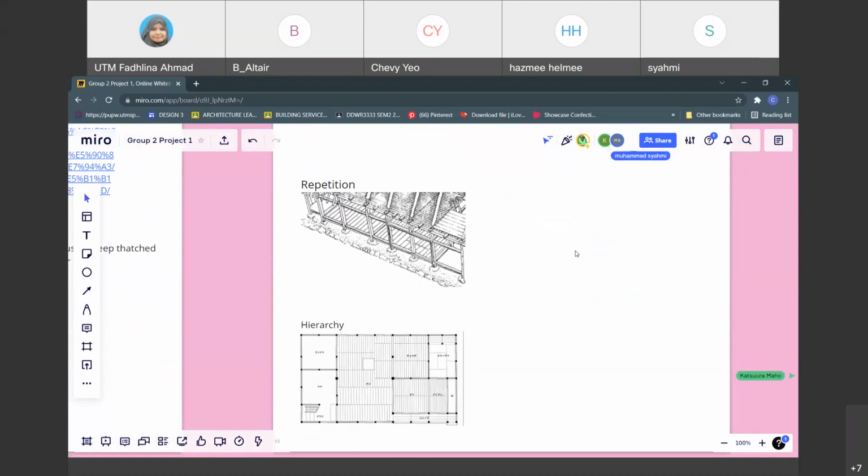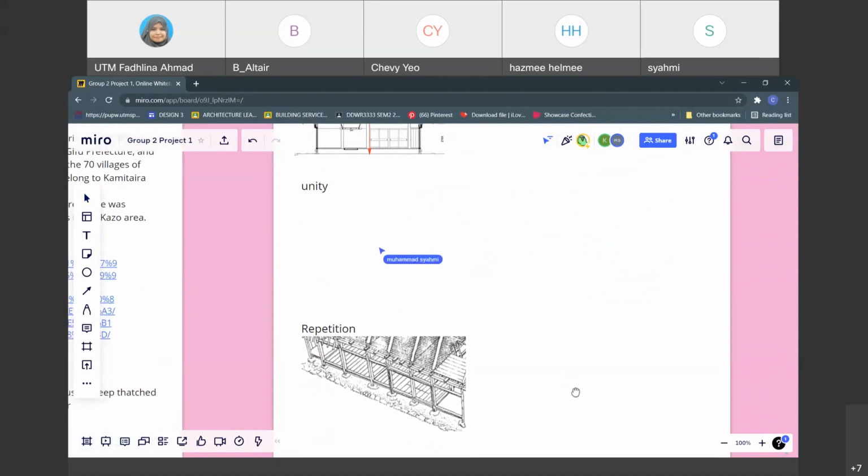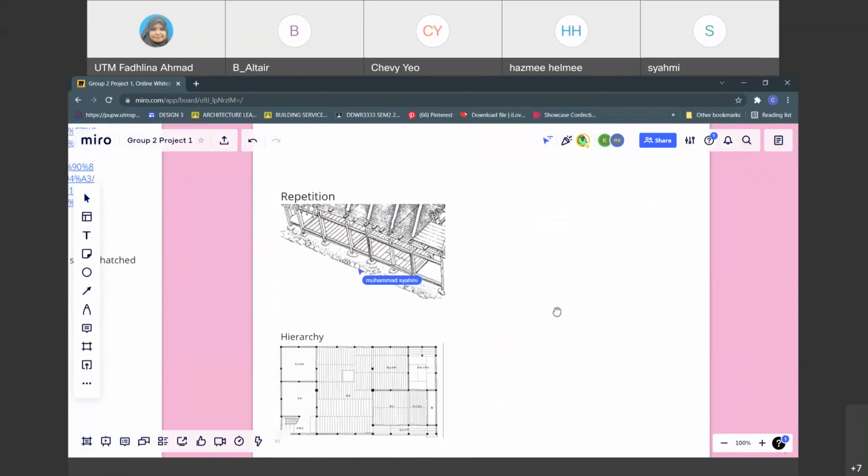What about unity? You stated unity in terms of what? In terms of repetition, there are a lot of columns.